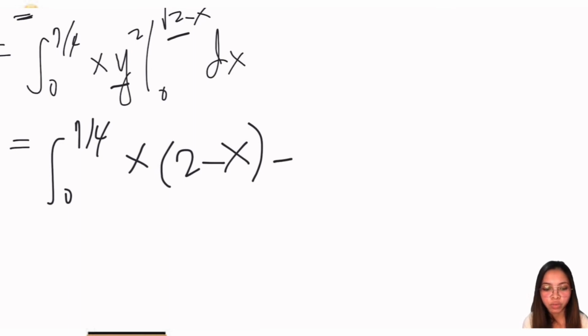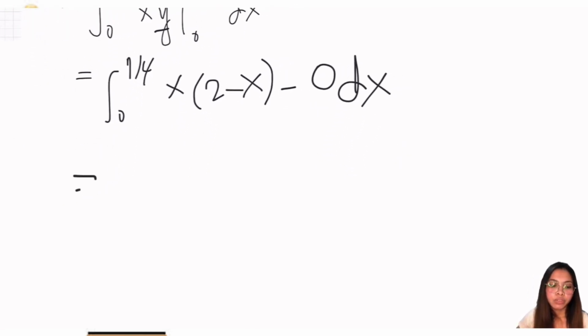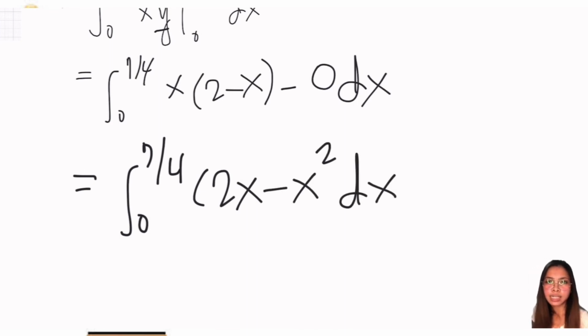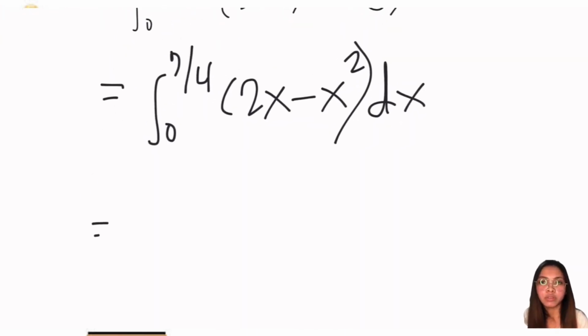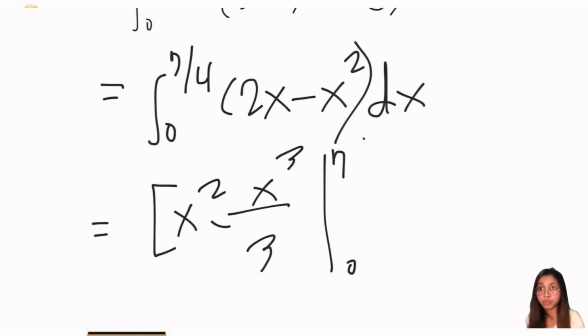So we have this equation. And then the next step is easy now, because we need to find the integral of 2x minus x squared dx from 0 to 7/4. What is the result? It will come to x squared minus x cubed over 3, from 0 to 7/4.